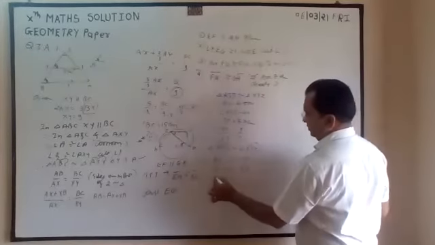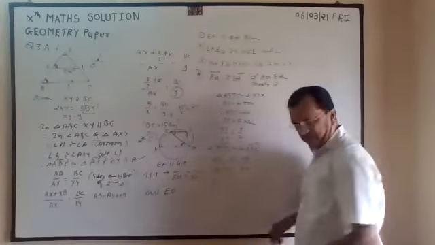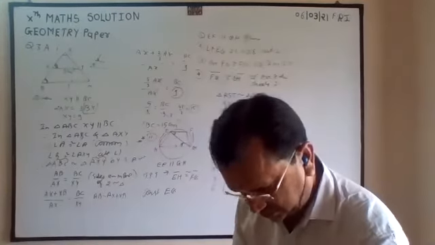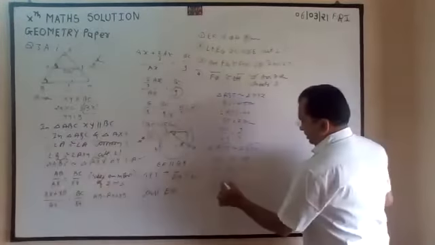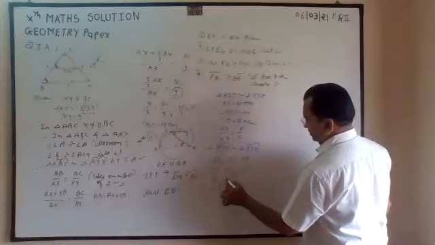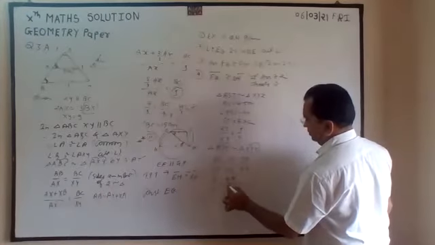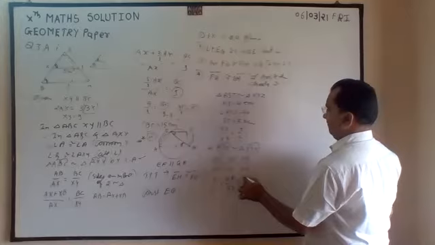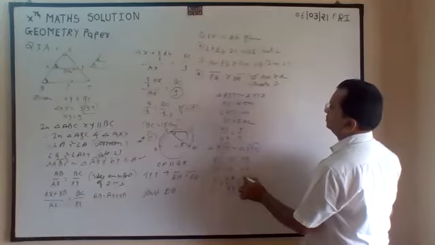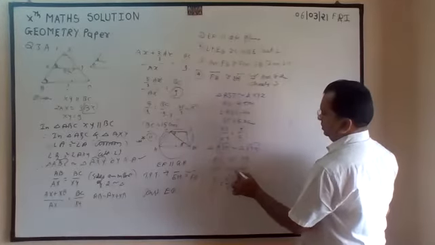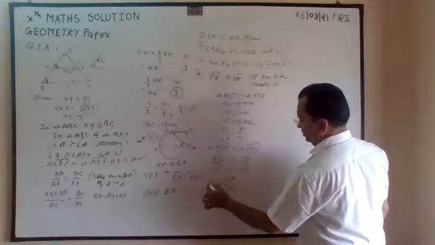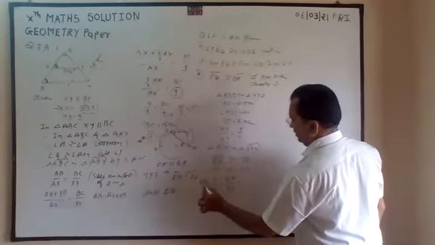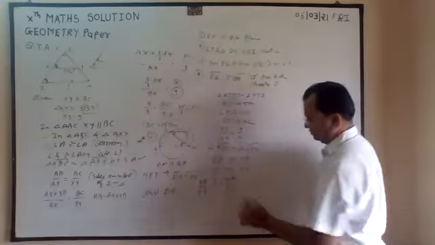This ratio is given, 3/5. ST is given, 5.7, by YZ. Here SR is given, that is 4.5, and XY is the question.